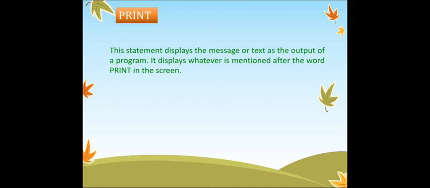So the next statement is the print statement. This statement displays the message or text as the output of a program. It displays whatever is mentioned after the word print on the screen. Statement is print, syntax, print.